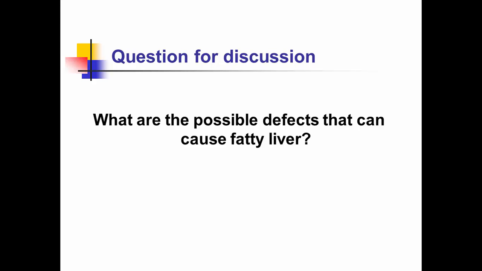So what are the possible defects that can cause fatty liver? We know the general cause, right? It is an imbalance: too much synthesis or too little export. That is the main reason. So what are the possible defects that can cause fatty liver disease?